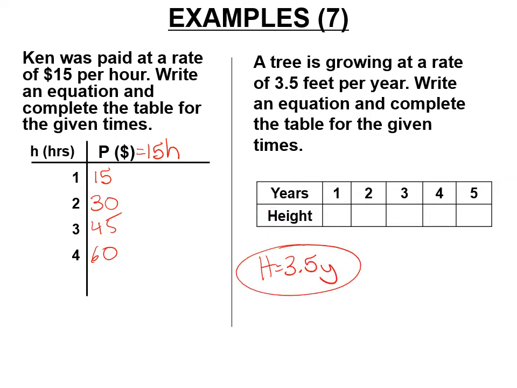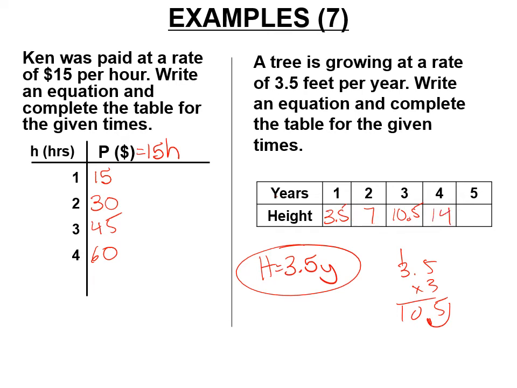So now we actually have to do some work, right? So 1 year it grows to 3.5. Now 2 times 3.5 is 7, because 3.5 plus 3.5 would be 7. Add another 3.5, you get to 10.5. 3 times, and if you want to check it, you could. It's 10.5. 4 must be twice as high as 2, so that must be 14.